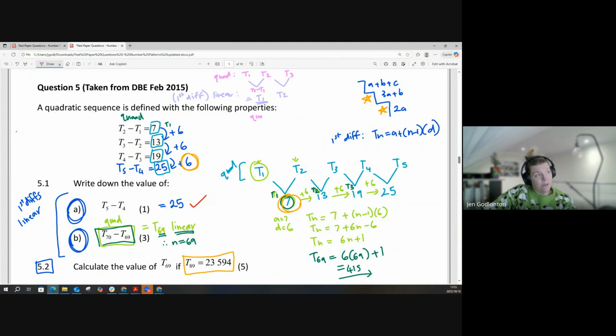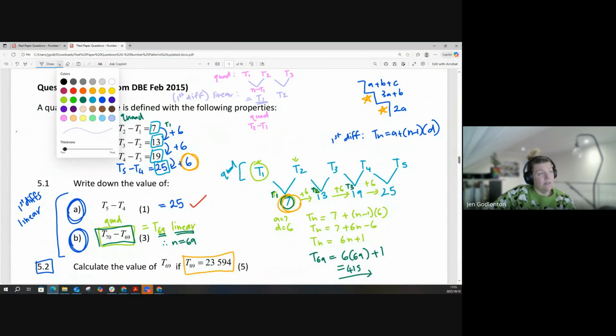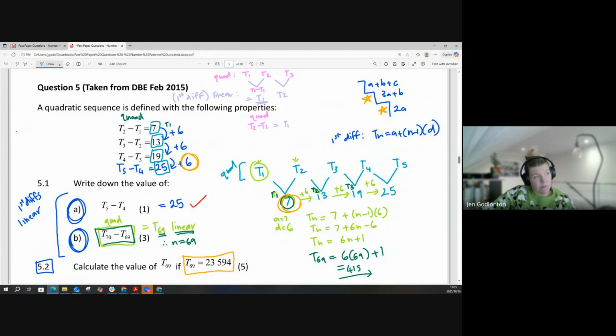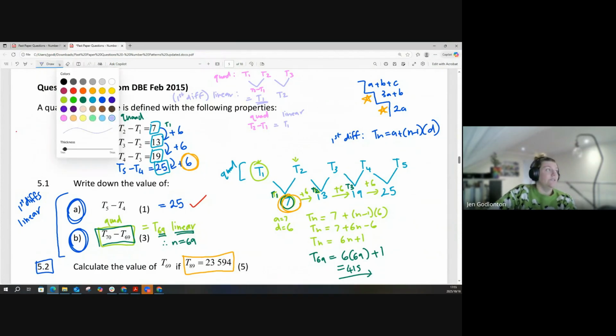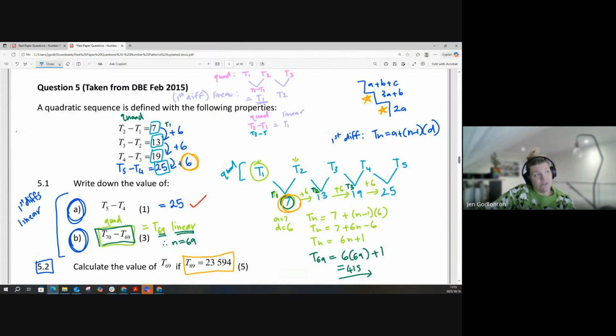my quad, if I had T2 minus T1, it's going to equal term 1 of my linear. So by using that logic, term 3 minus term 2 is going to give me term 2. Term 4 minus term 3 is going to give me term 3.